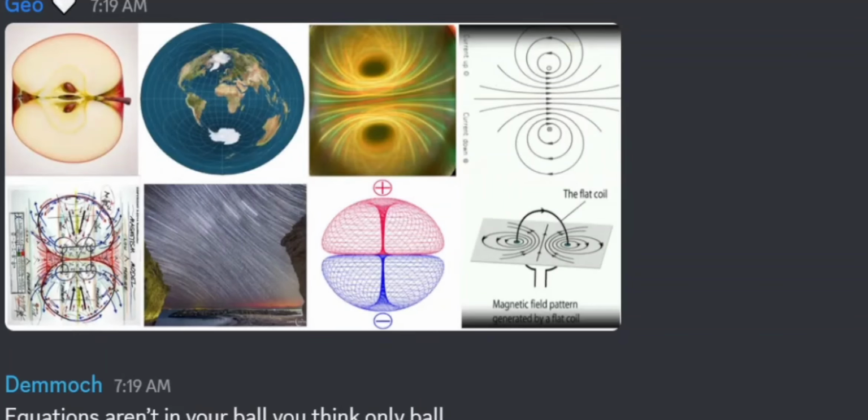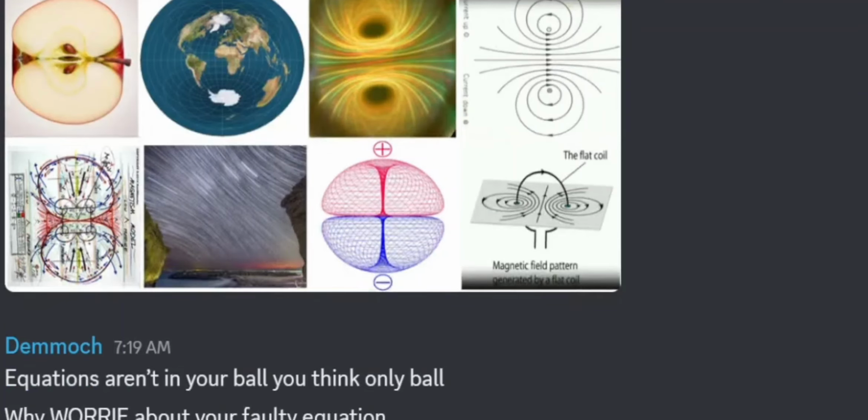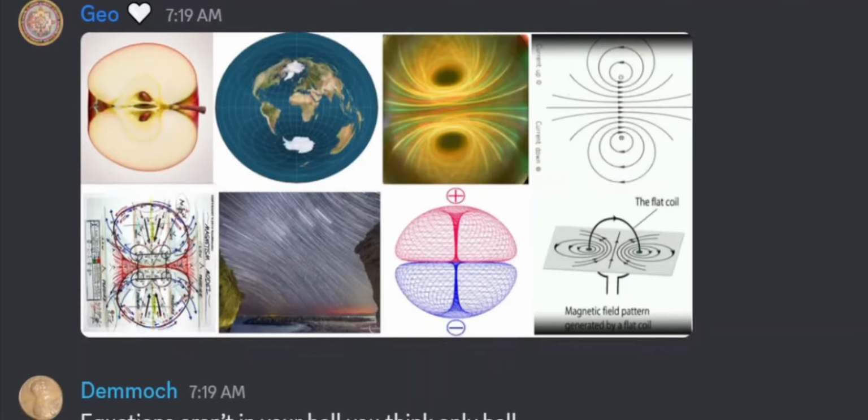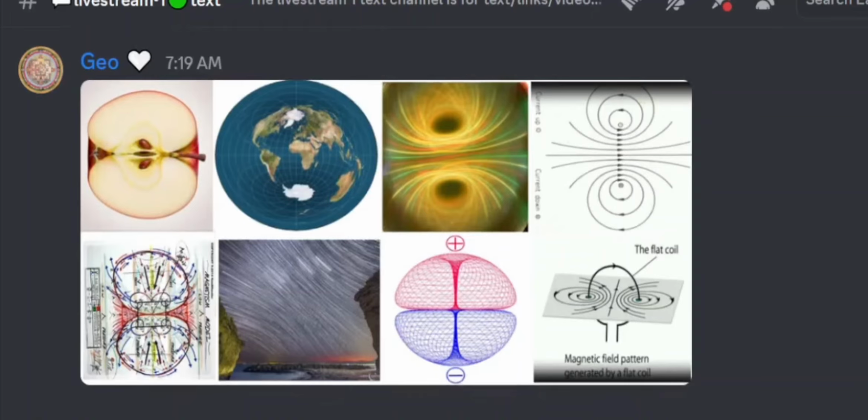If you take the picture Geo posted last, the top right field is a field produced by a circuit, a circular loop with current.